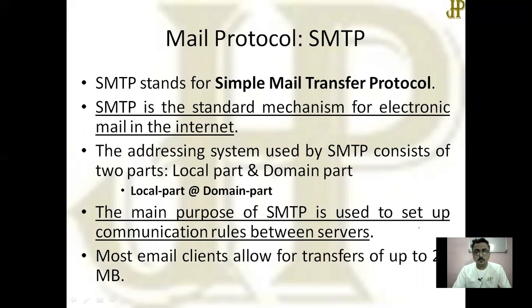It consists of two parts. First one is the local part. Here, your unique name is to be displayed. After that, @ and then the domain part, for which server you are taking the services of mail, either Google, Yahoo, and many.